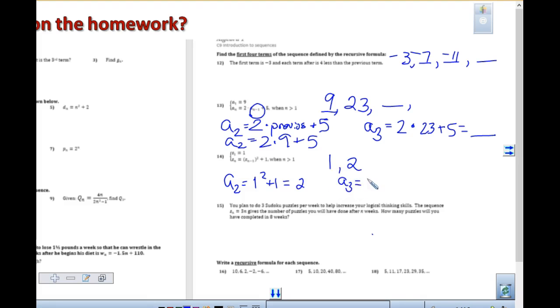A to the 3 means take the previous term, that's what this is telling us, and square it. So the previous is now 2 squared plus 1. 4 plus 1 gives me 5. So I'm not adding the same thing, it's giving me a different rule, right? So I have 1, 2, 5.